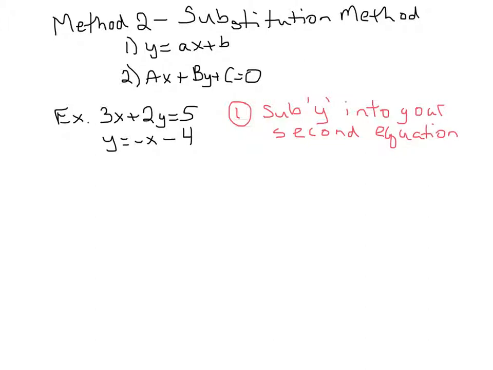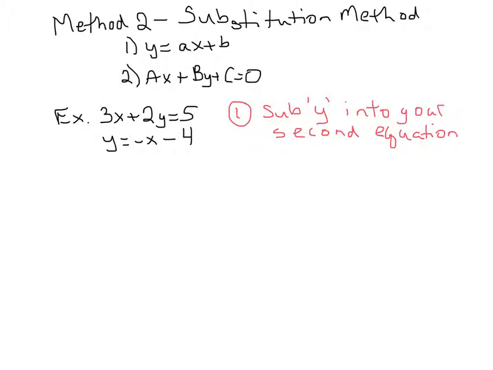What does that mean, to sub y into your other equation? Here we have y. The equation is telling you that y is equal to negative x minus 4. What we're going to do is take this y, which is equal to negative x minus 4, and sub it into this equation on top here. So you're always subbing from the one that has the isolated variable, the variable all by itself, into the other equation.